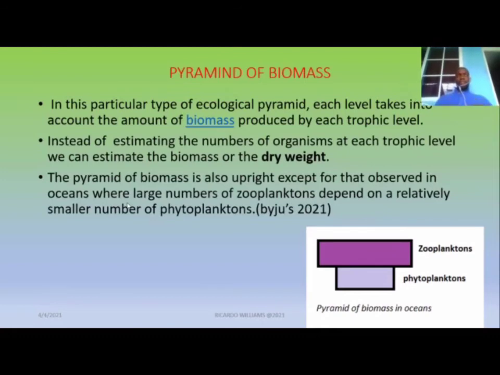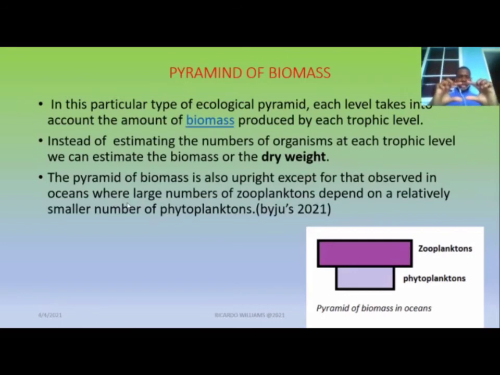So the biomass is a dry mass, and the dry mass is, as I said earlier, when you get up all the organisms in the ecosystem that we're talking about that are at that trophic level, get all of them up, put them in our oven and dry them out. The mass that is left behind, we call that the biomass.